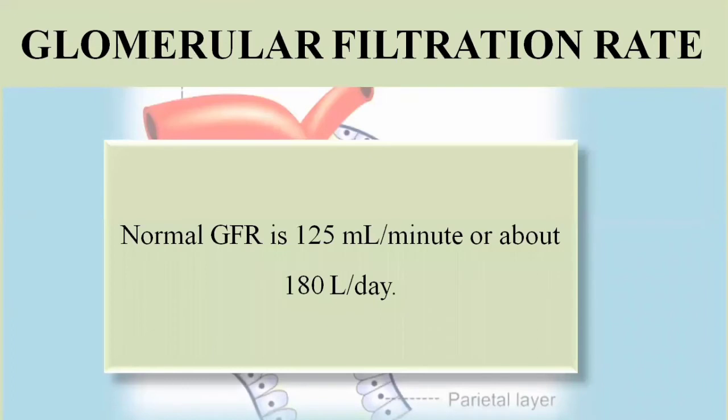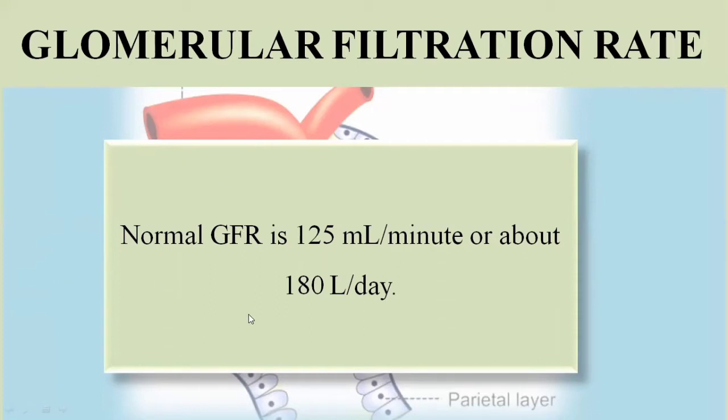The normal glomerular filtration rate is about 125 milliliter per minute, or 180 liters per day, produced by the human body from the glomerular capillaries. As I have told you, 650 ml of blood enters, and out of that the filtrate formation is 125 milliliter per minute.